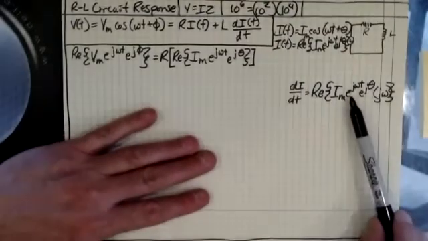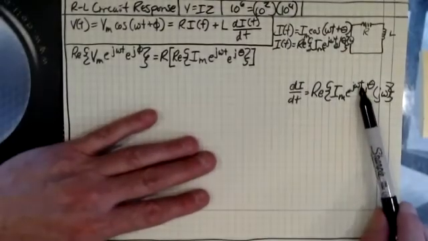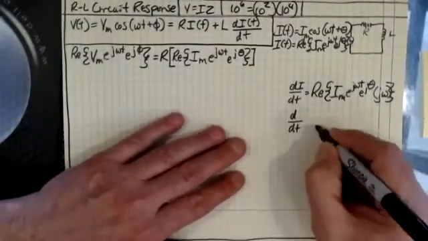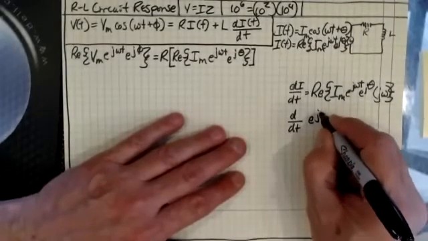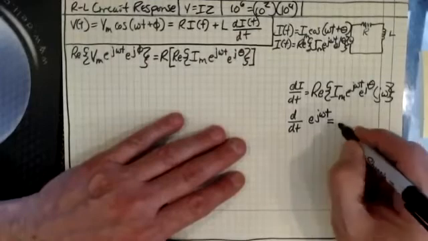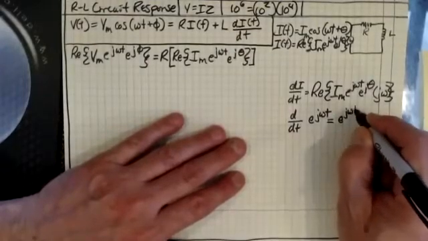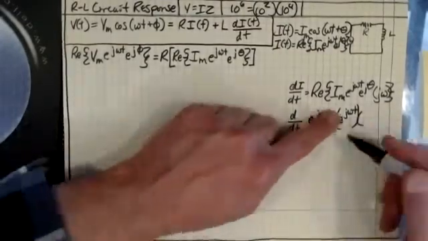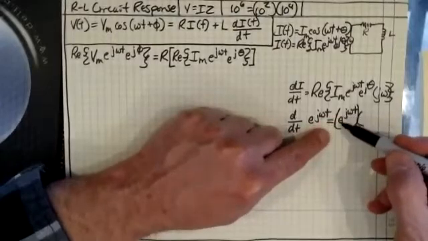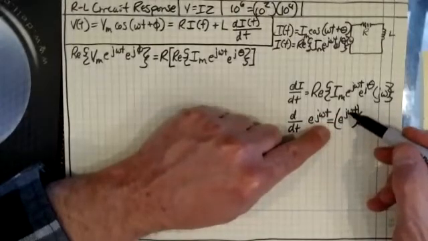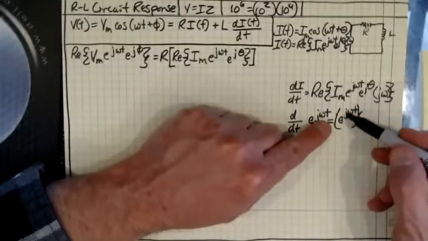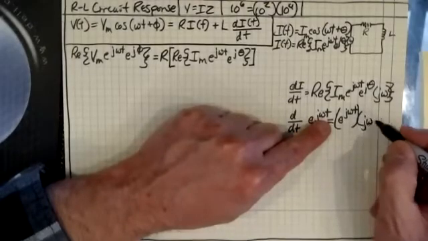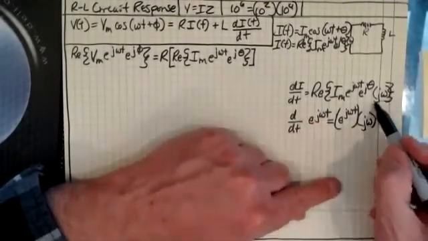Because isn't the derivative of e to the j omega t... Let's do that. The derivative with respect to t of e to the j omega t equals e to the j omega t times the derivative of the argument to Euler's constant, right? So e to the j omega t times, and what's the derivative of j omega t with respect to t? That would just be j omega. Does everyone see why I put the j omega there now?